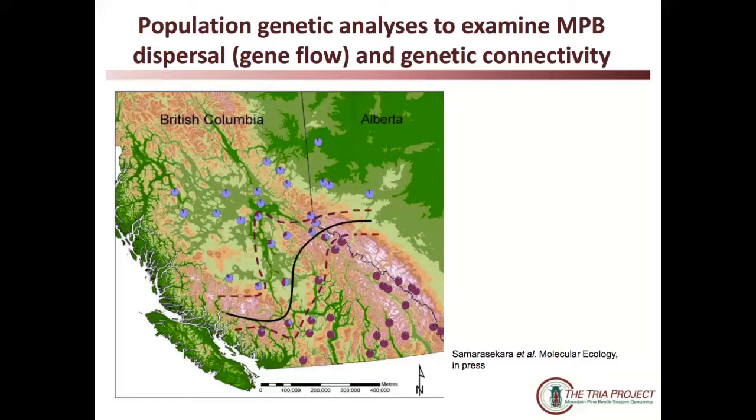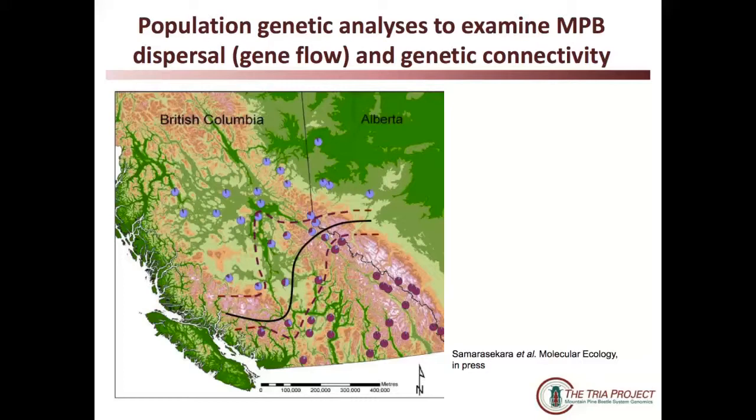We wouldn't be able to distinguish that because these guys are all basically genetically very similar. But on the whole scale of things, if you look at these data, they don't show a great amount of something that we call isolation by distance. So if I take this group of beetles and compare it to this group of beetles, they're not very genetically distinguishable.